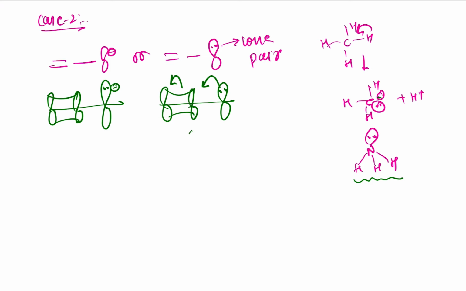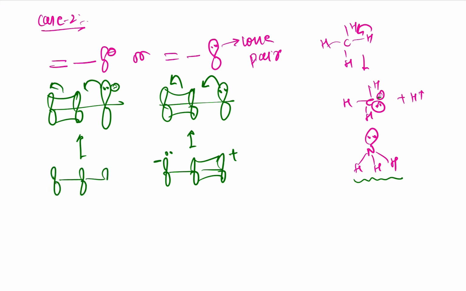So this will move and form a double bond, and here will be the lone pair, giving positive and negative charge. And here also, when this goes here and this goes here, it forms a double bond and the negative charge will come over here. So that's how there is a conjugation between them.